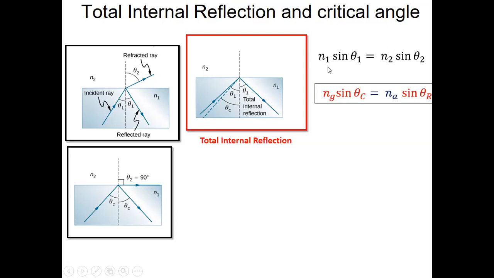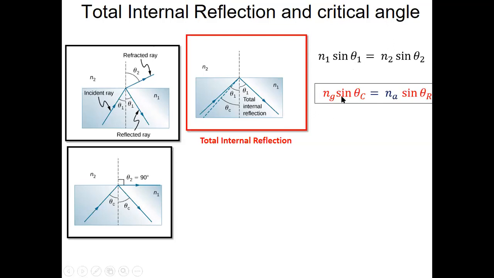Here n1, the first medium, is glass. So Ng, the refractive index of glass, times the sine of the incident angle. As we are using this equation for this scenario, the incident angle is the critical angle, right? So that's theta c.